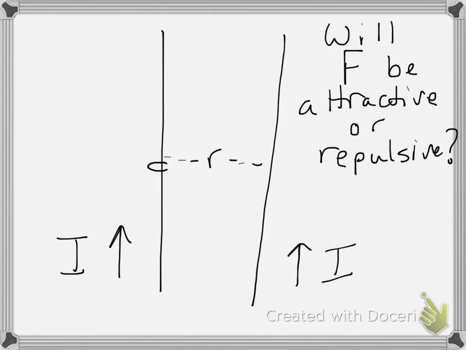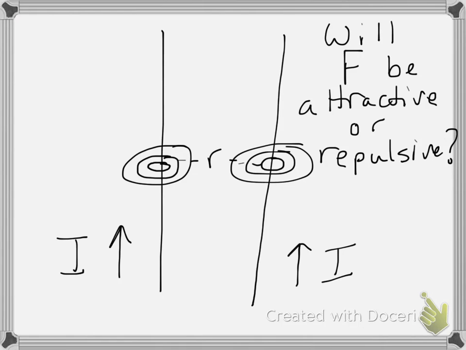We know the magnetic fields are going to wrap themselves around like this, and like this, and we use the right hand rule to find the direction that the fields will be pointing. So again, here they'll be pointing into the screen, here they'll be coming out of the screen, here they'll be pointing into the screen, and here they'll be coming out of the screen.